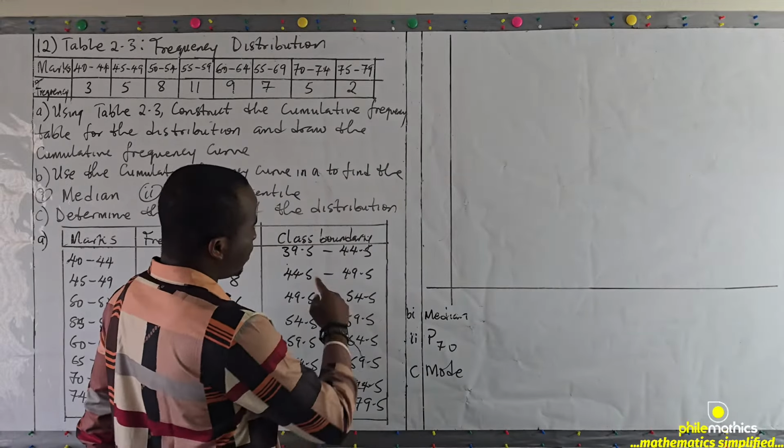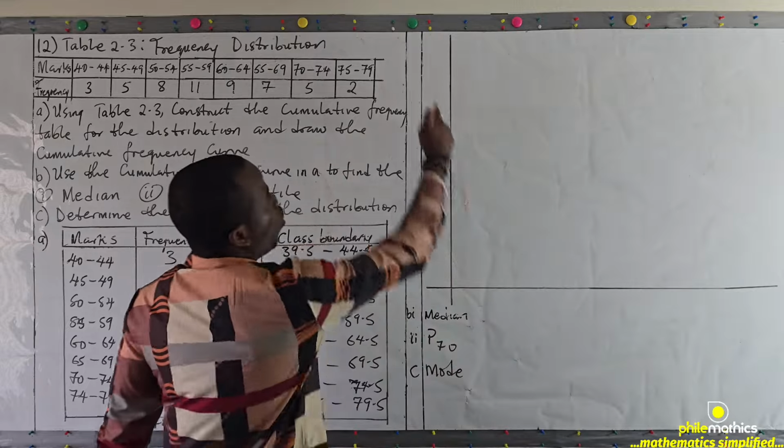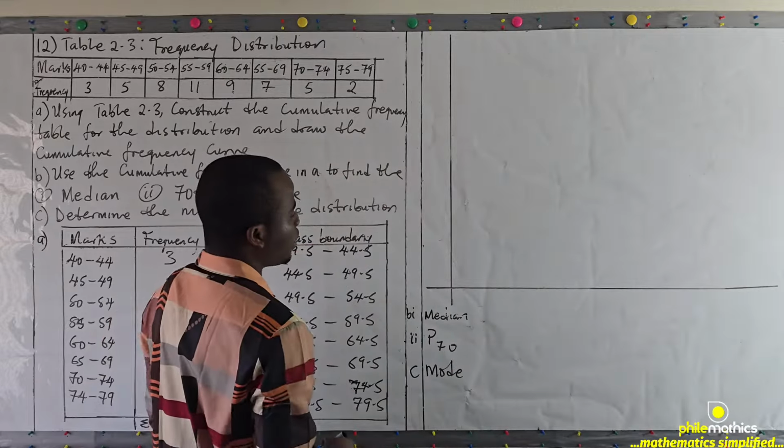So we are plotting the upper class boundary against the cumulative frequency.